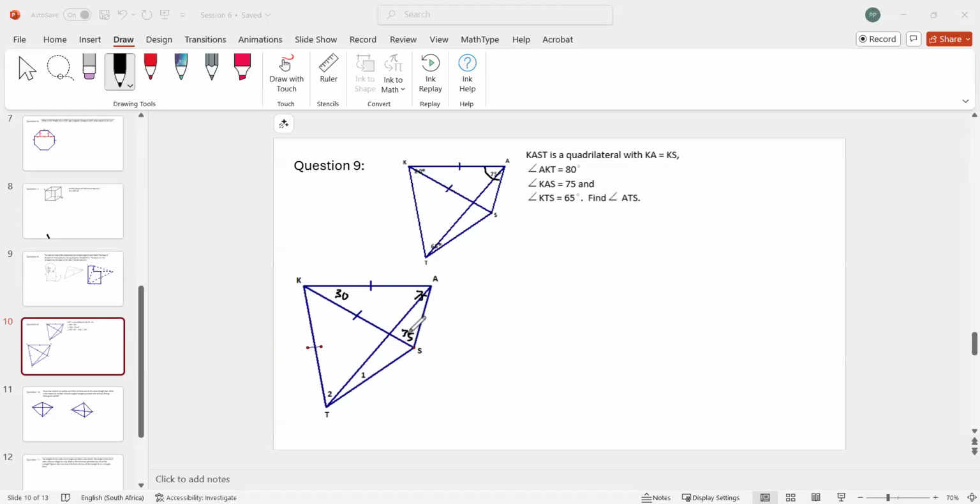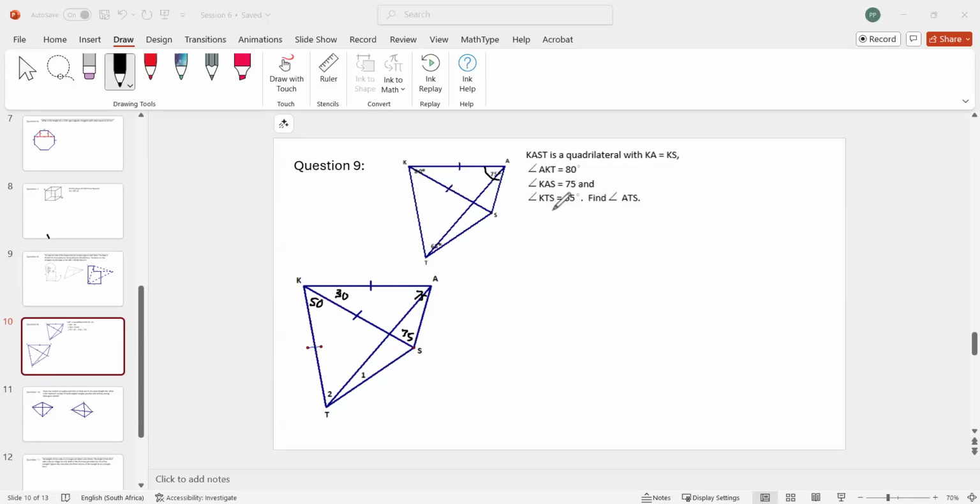Right? Because both of them are 75. But we are already given also that angle AKT is 80 degrees. So if this is 30, this now becomes 50. Right? So this angle is 50 because the whole angle is 80.